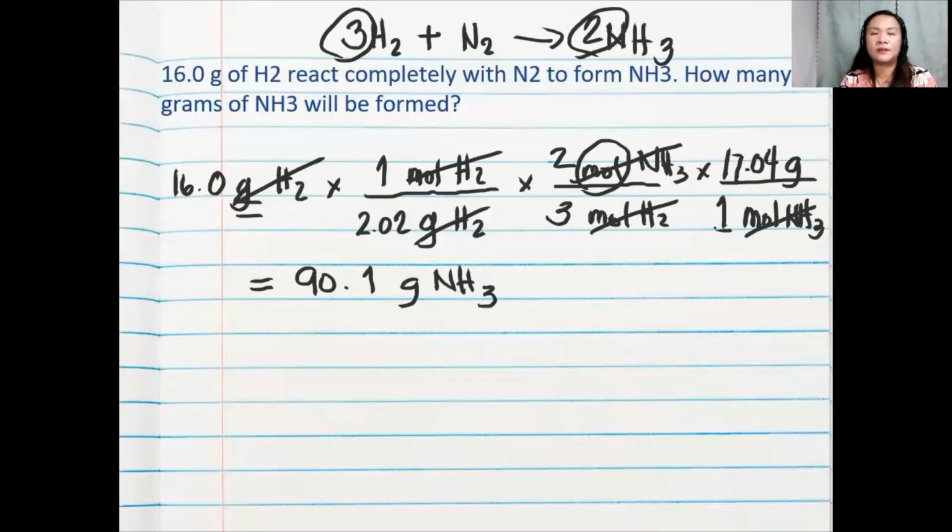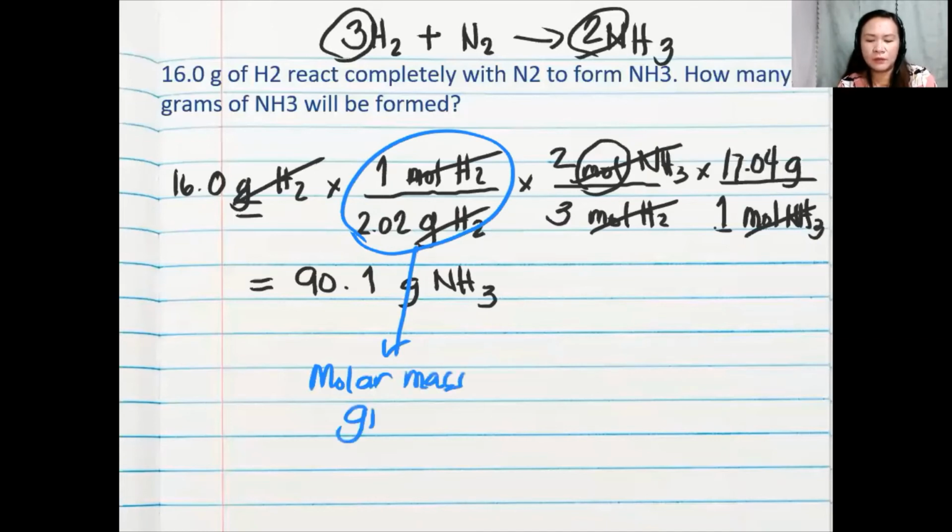Again, do not be confused with this problem. As we have mentioned earlier, this will be the molar mass of the given, and then this will be our mole ratio.